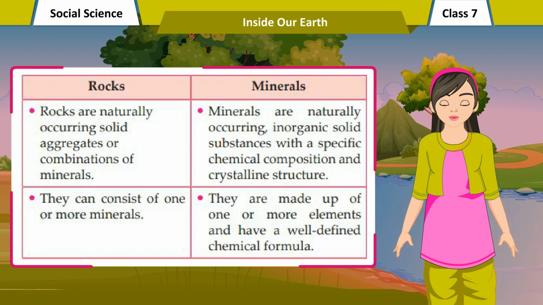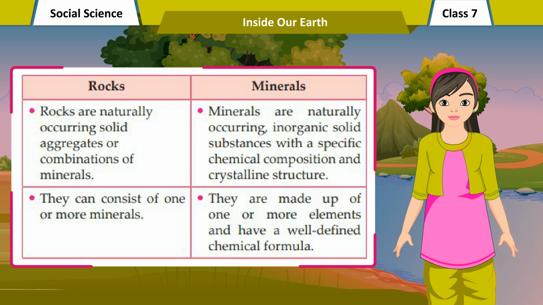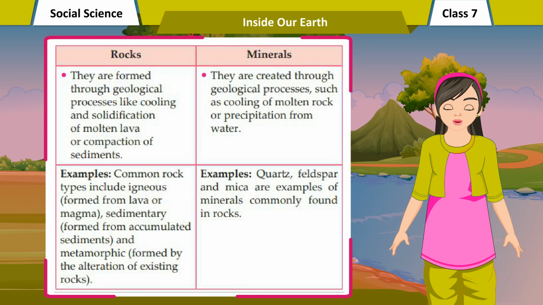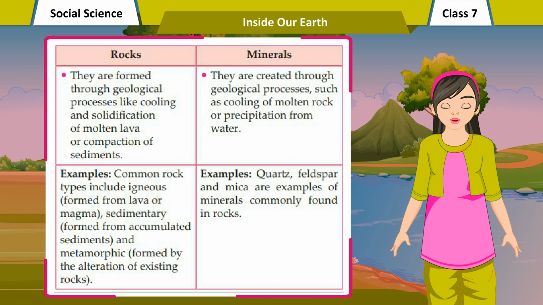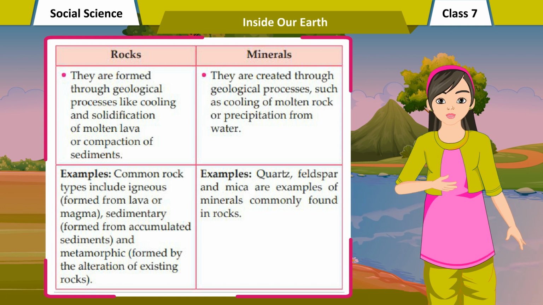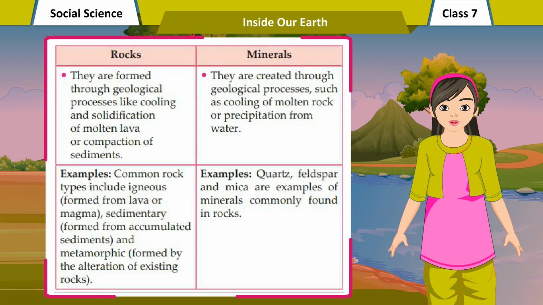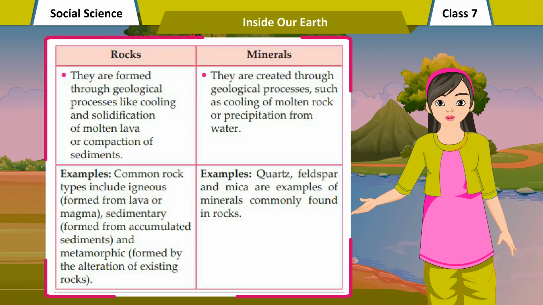Minerals are made up of one or more elements and have a well-defined chemical formula. Rocks are formed through geological processes like cooling and solidification of molten lava or compaction of sediments. Minerals are created through geological processes such as cooling of molten rock or precipitation from water.